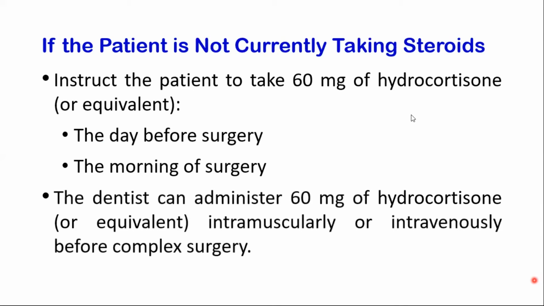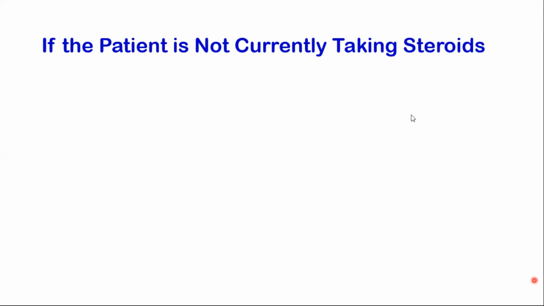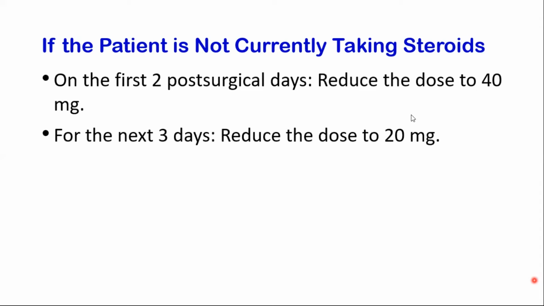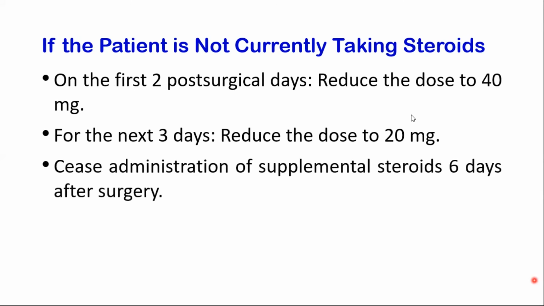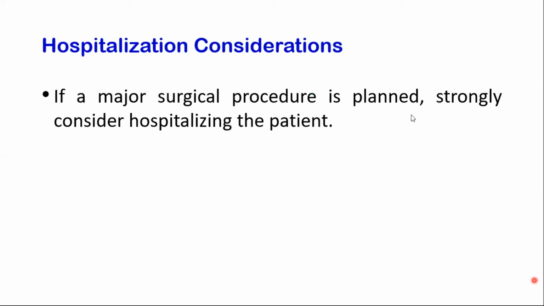In cases where the patients cannot take oral hydrocortisone, the dentist can administer it intramuscularly or intravenously. After surgery, the steroid dose should be gradually reduced over the next six days, starting with 40 milligrams for the first 2 days and then 20 milligrams for the next 3 days. By the sixth day, supplemental steroids can be discontinued.